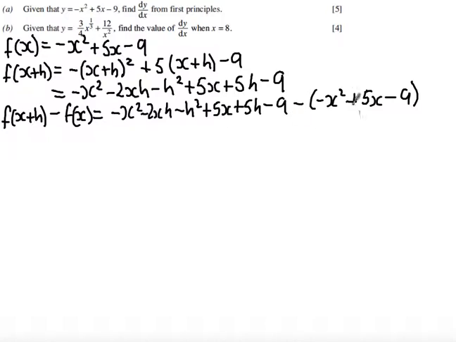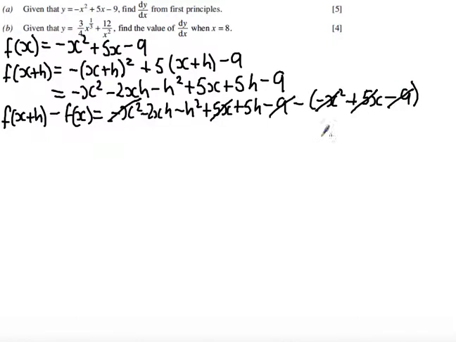Okay, if you check through, minus x squared is positive x squared. That's going to cancel with my negative x squared, so we can cancel these two terms out. Minus plus 5x, well, here we have a plus 5x, so these two terms are also going to cancel out. And then minus the minus 9, so that gives me plus 9, will cancel out with the minus 9, and so that cancels out.